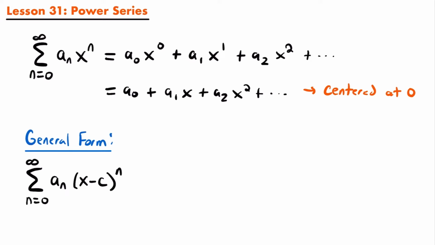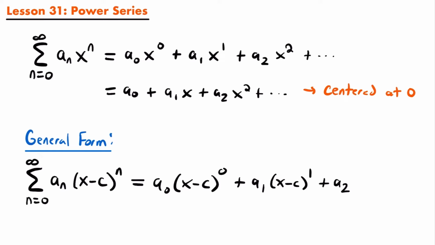The first couple terms of the general power series will look like this. Our first term will be a sub 0 times x minus c to the power of 0. We're starting with our term where n is equal to 0. Then we'd have our next term where n equals 1, so plus a sub 1 times x minus c to the power of 1. And then another term when n equals 2, where we'd have a sub 2 times x minus c squared.